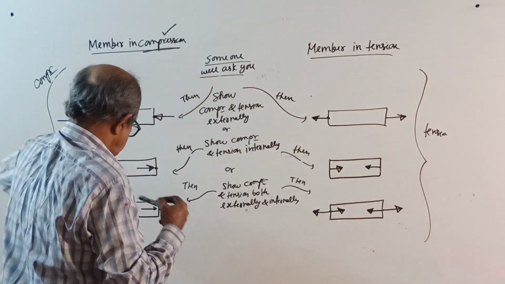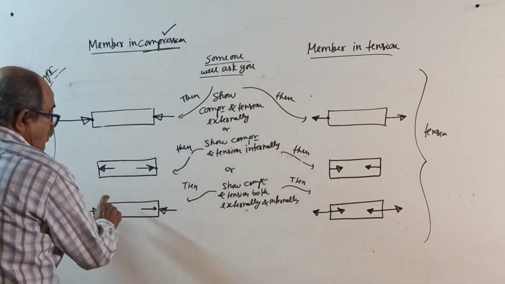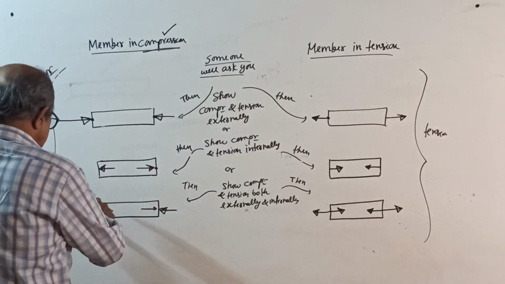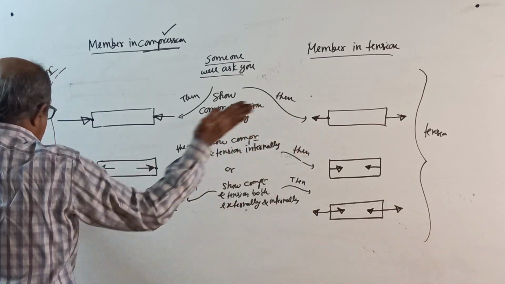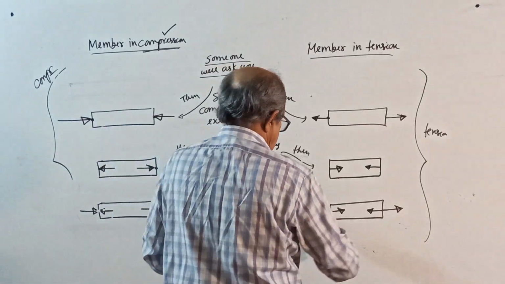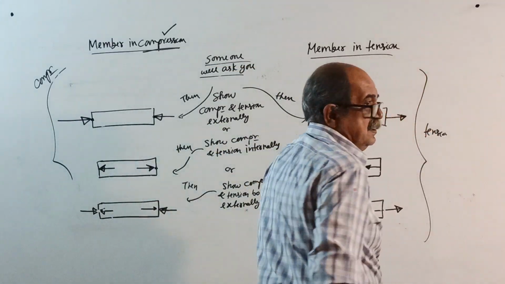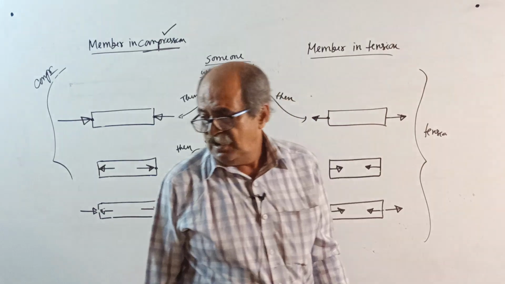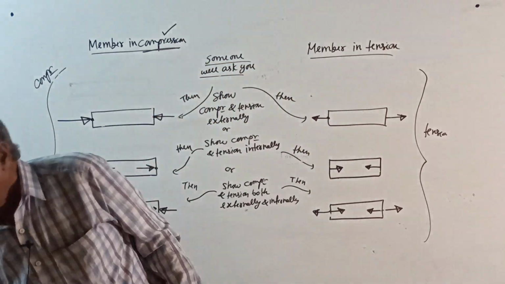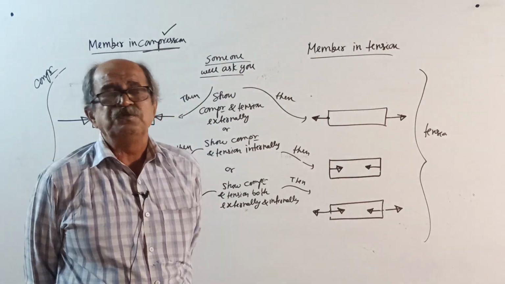Tell him, both you want? Okay. He will keep quiet. This is how to show tension compression, whether externally or internally or both.